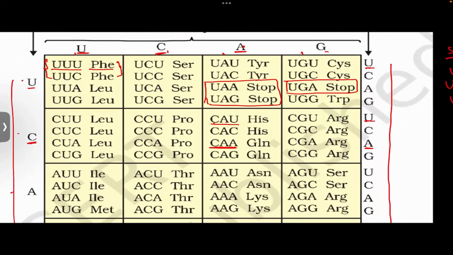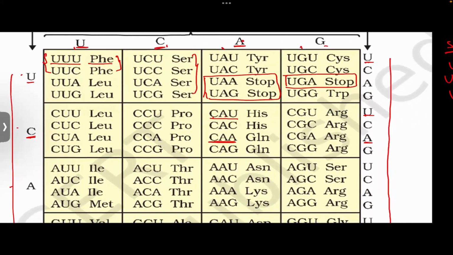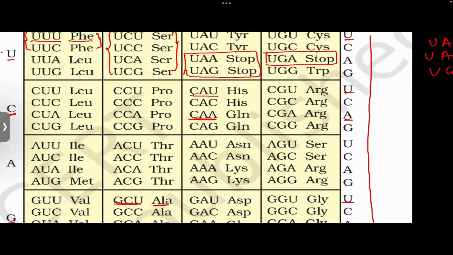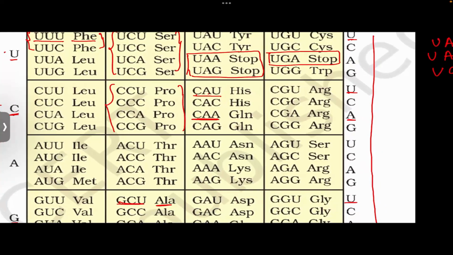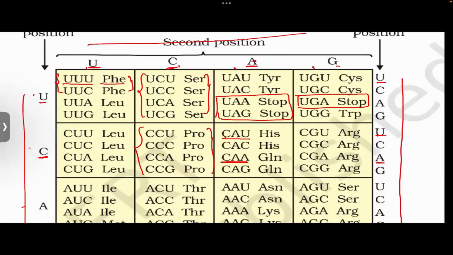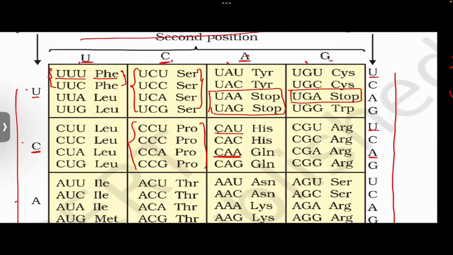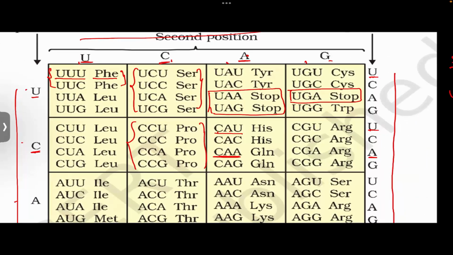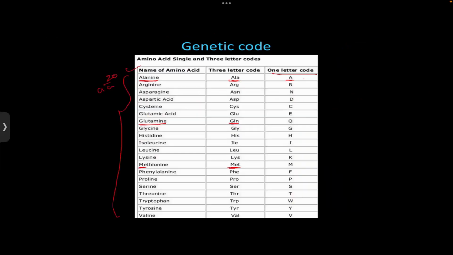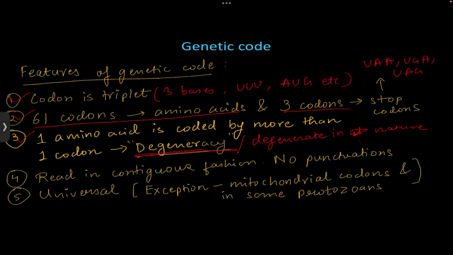Similarly, serine is coded by 4 codons. Then proline is coded by again 4 codons. So each of these codons, CCU, CCC, CCA, CCG, all these 4 codons code for only one amino acid, proline. So this particular property of genetic code is called degeneracy.